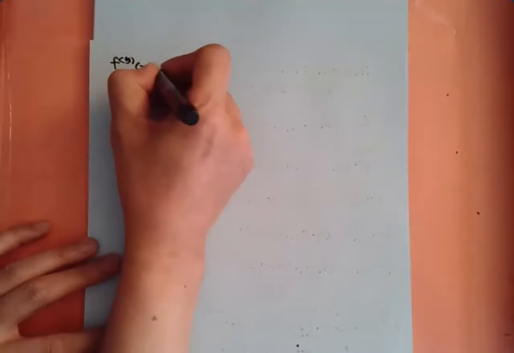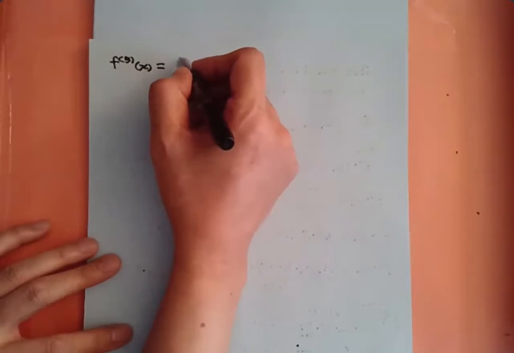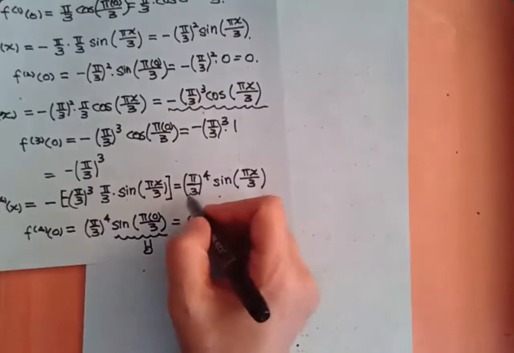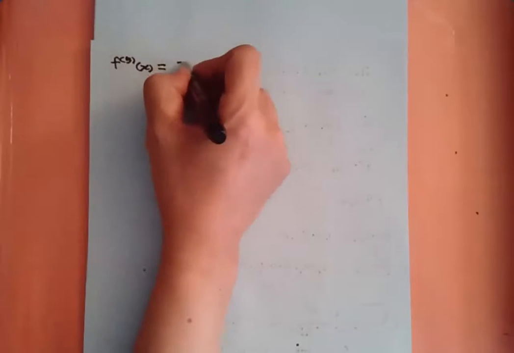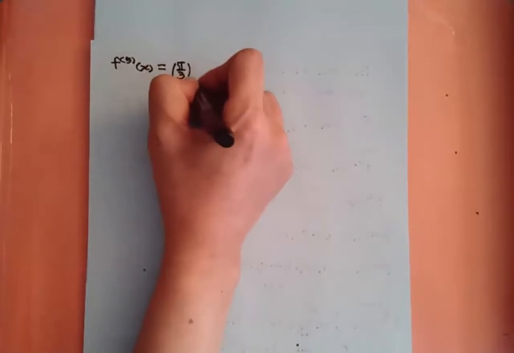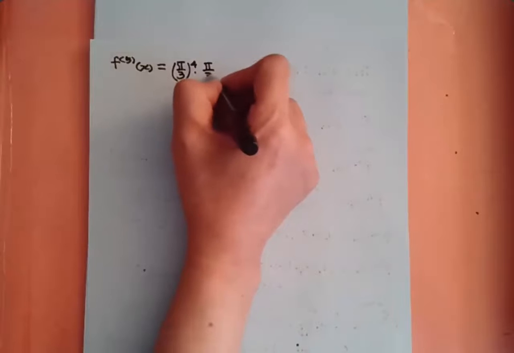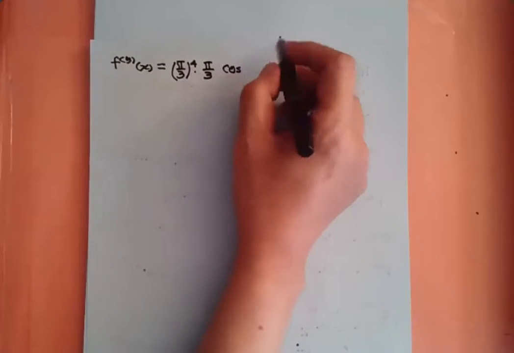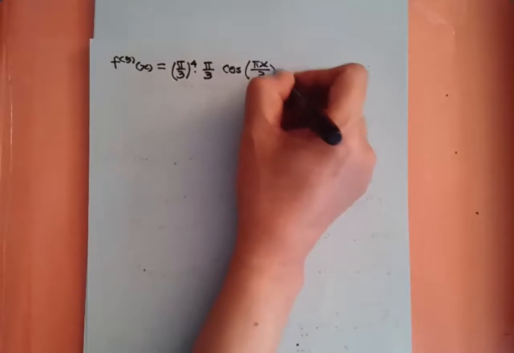Fifth power of x equals, we just apply the same method. So from here, we have pi over 3 to the 4th power, and then the chain rule is applied, and so we have to multiply by pi over 3. And then sine's derivative is cosine of pi x over 3, right?